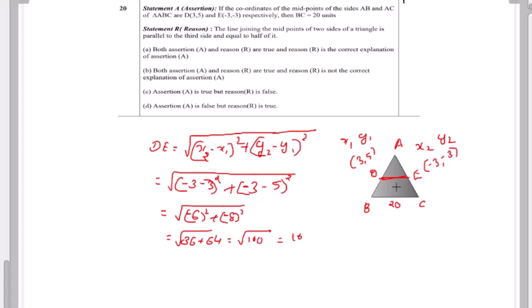That means the length of DE is 10. So DE is 10 and BC is 20 units.